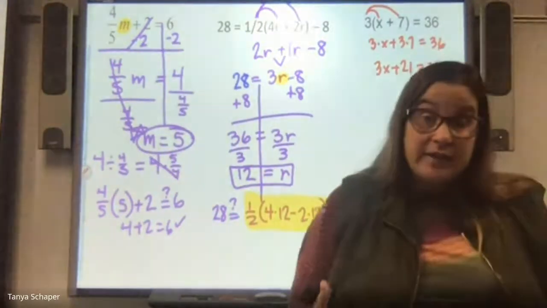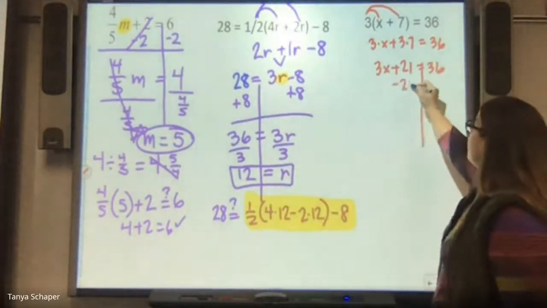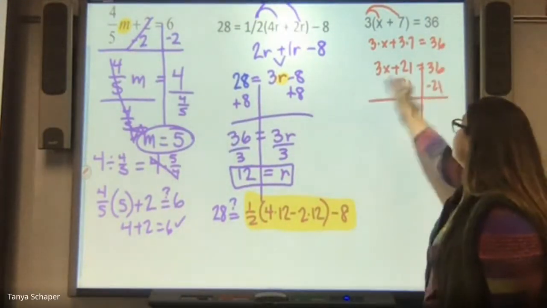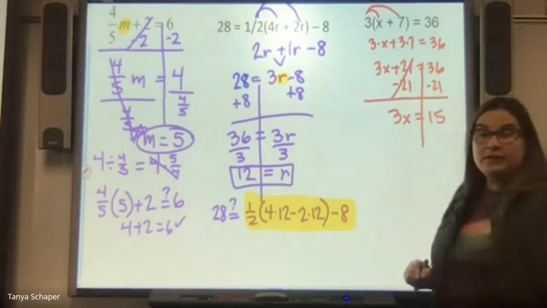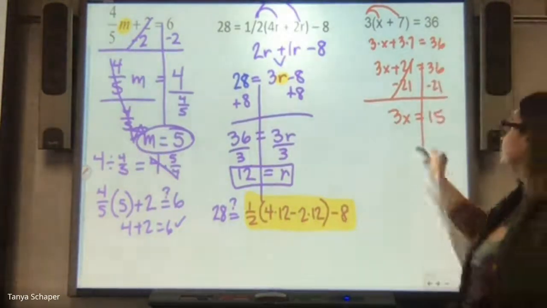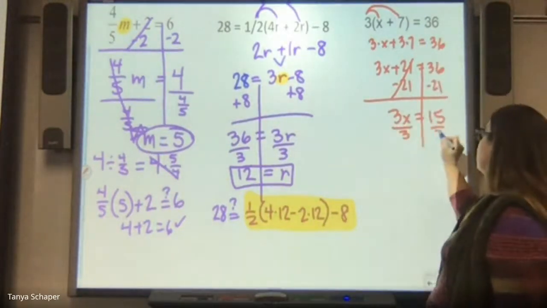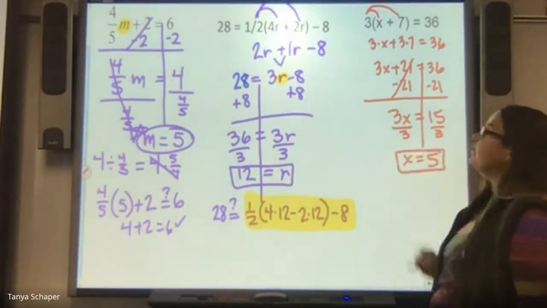So when I look at this one, I'm going to undo the plus 21 first. Subtract 21, 3x is 15. I undo that multiplication by division. Divide both sides by 3, so x equals 5.